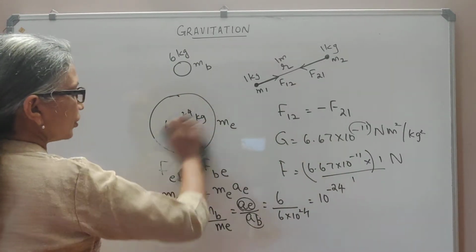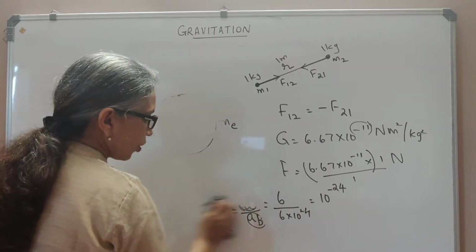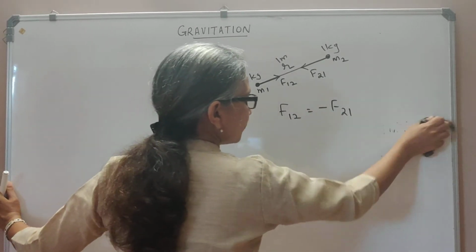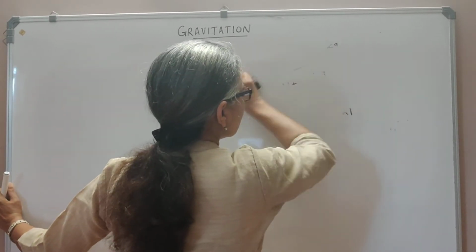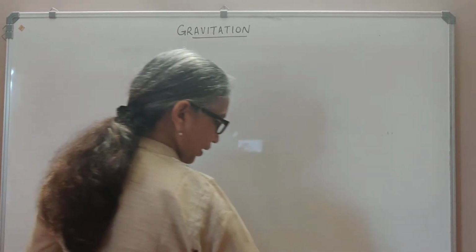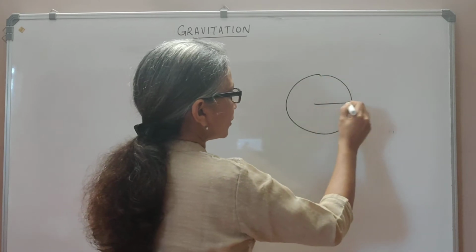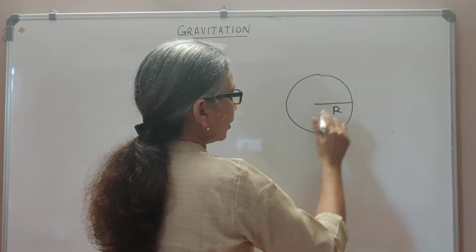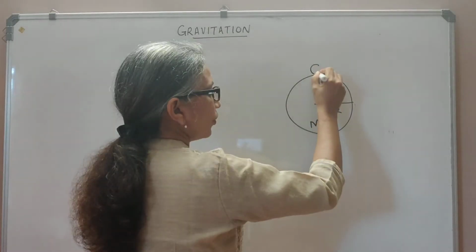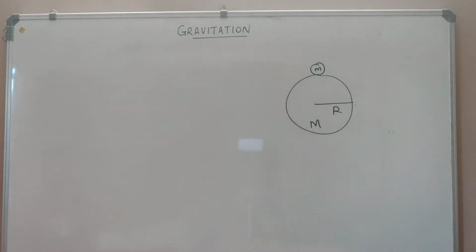Okay, we are now going to derive an expression for this acceleration due to gravity, small g, which you already know for earth is 9.8 meter per second square. For that, we consider the earth of mass M and radius R. Let's consider a small body of mass m on the surface of the earth, of negligible radius.